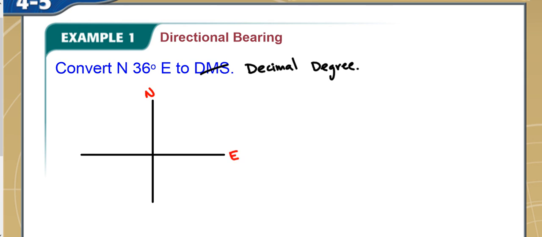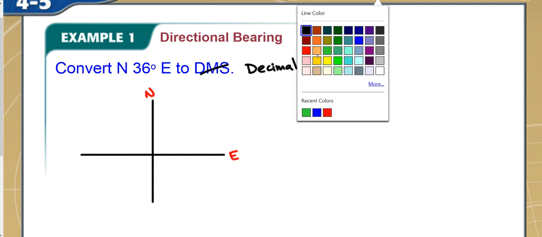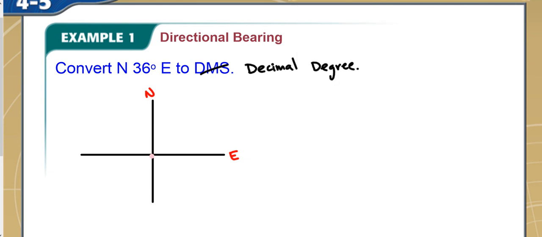And so let me get a little arrow here. If I start north and I head 36 degrees, it'd be something like that. And there's 36 degrees that way. Now, if I wanted to change it to decimal degree, what decimal degree is, it starts from the x-axis. That's the difference here. So we would start from the x-axis.